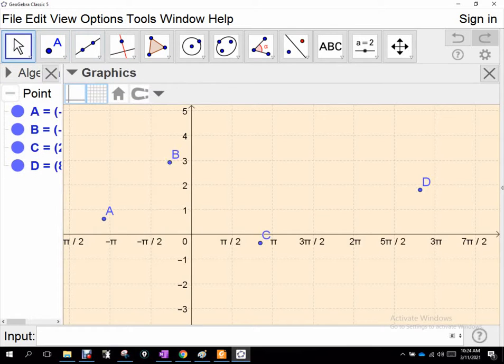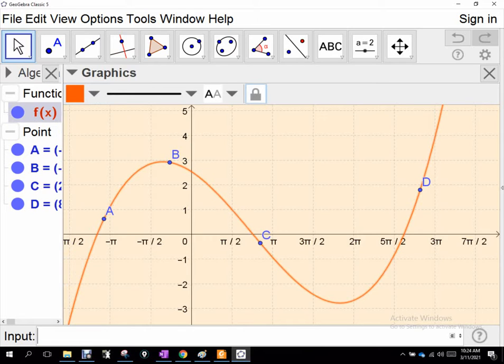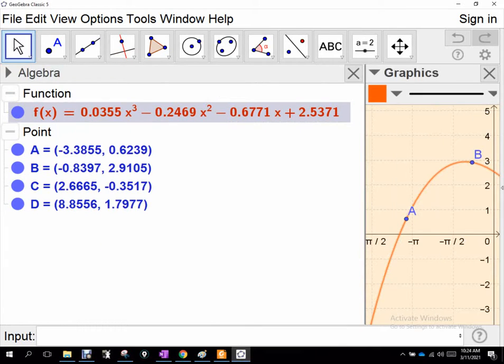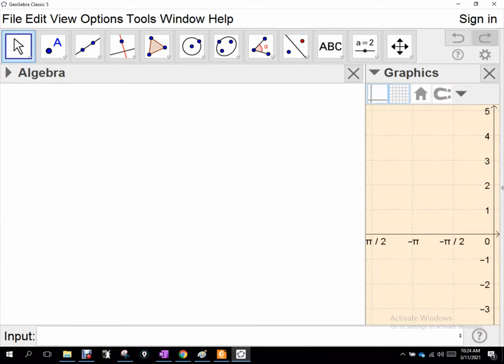I say fit a polynomial to A, B, C, D. If I gave you those ordered pairs and I told you that this was going to be a third degree polynomial, you could have, from college algebra, generated that. Now we would have made the points a little bit nicer so that the formula was a little bit nicer. Does that make sense? Remember doing that? Okay. Well, same thing happens.